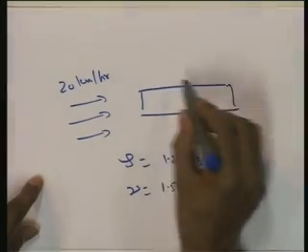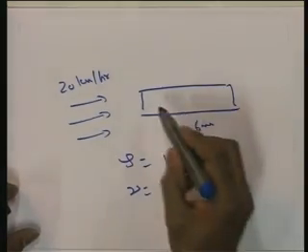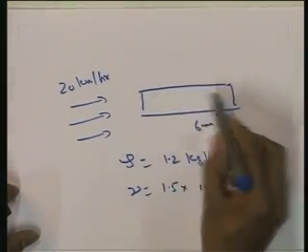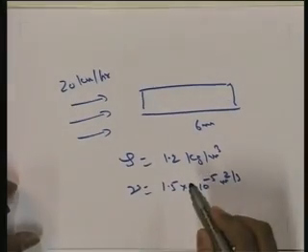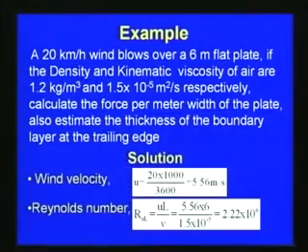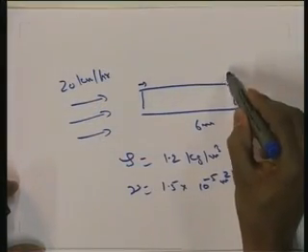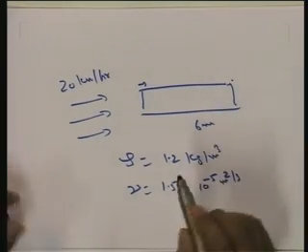For this case we have to find the force per meter width on the plate. That means, this is the plate, and per meter width we have to calculate the force, and also estimate the boundary layer thickness at the trailing edge. This is the leading edge and here is the trailing edge.